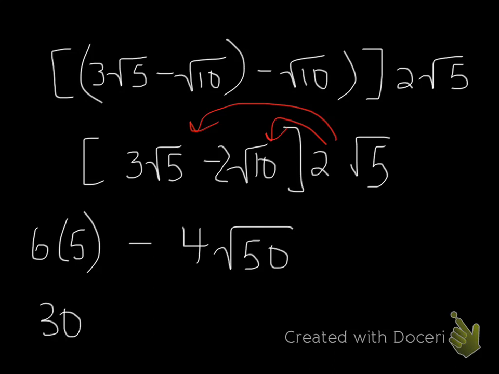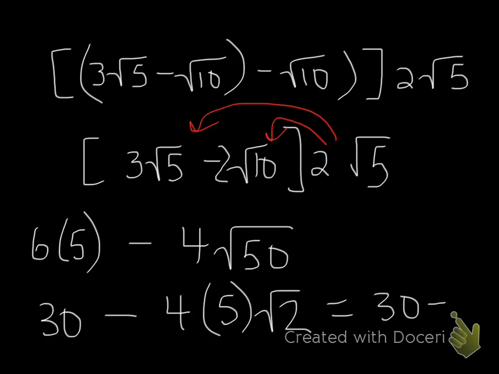This will simplify to 30, and to simplify this radical, 50 equals 25 times 2. Square root of 25 is 5. 5 comes out. Root 2 left inside. So your final answer is 30 subtract 20 root 2.